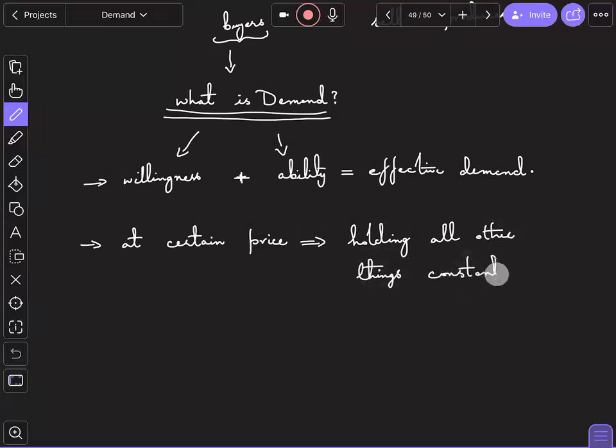So all the other factors, all the other variations are held constant. So now we reach the definition of demand.